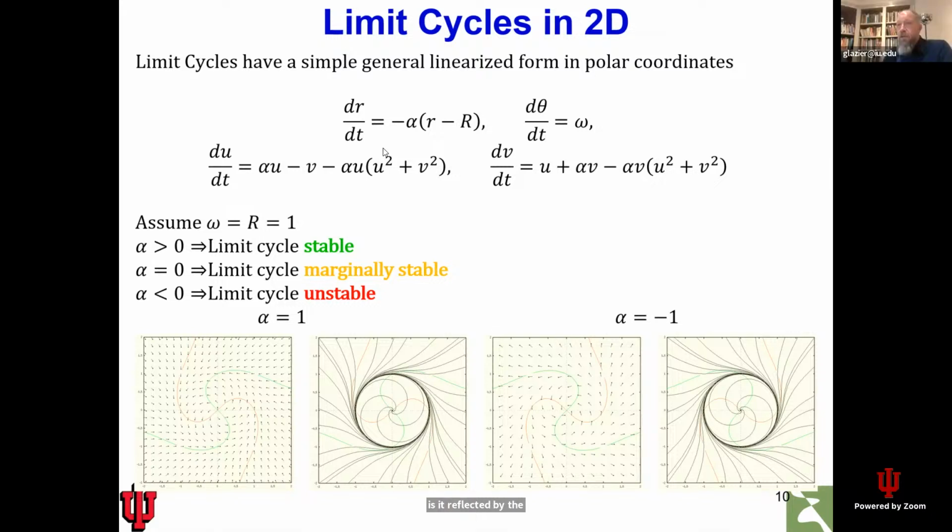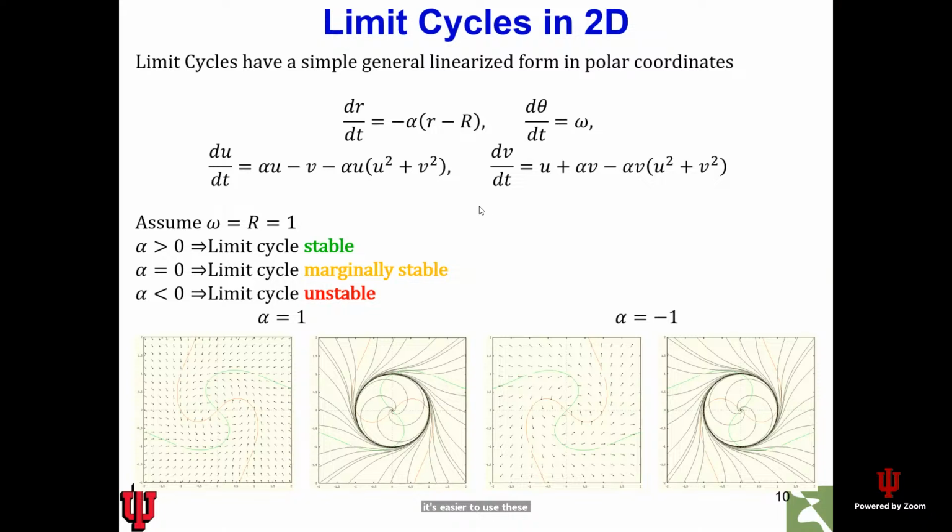Well, it should be. Let's see. If I make u and v both 0, and it's always a little bit hard to do this analysis in the polar coordinates. If we're going to do the fixed point analysis, it's easier to use the Cartesian coordinates.